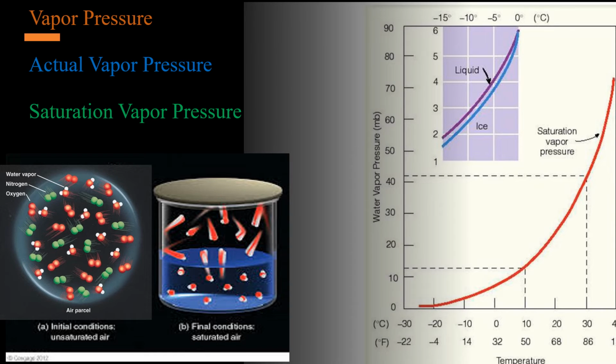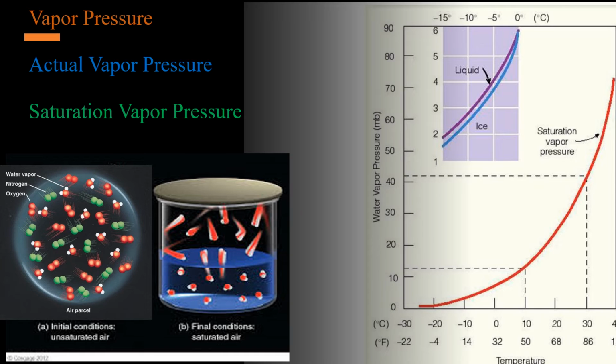Consequently, at higher temperature, it takes more water vapor to saturate the air, and the more molecules exert greater pressure. Saturation vapor pressure then depends primarily on air temperature. So always remember that saturation vapor pressure depends on air temperature.